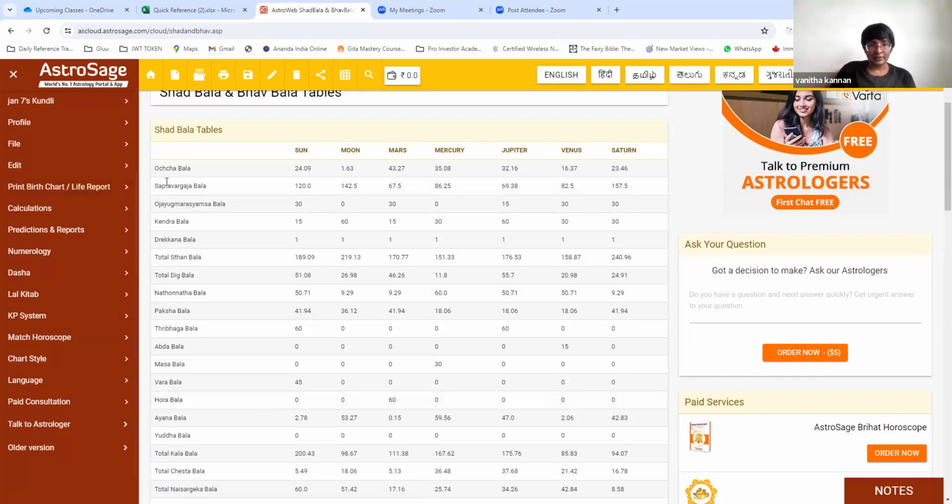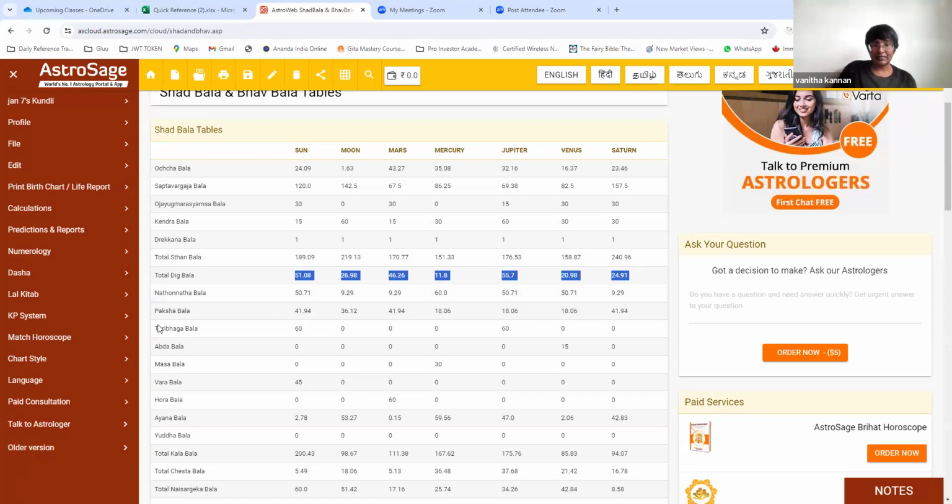Here they give everything separately: Uchabala, Saptavargaja Bala, Ojayugmarasyamsa Bala, Kendradi Bala, Drekkana Bala, and the total Sthana Bala is this way. Then Drikbala is this much.